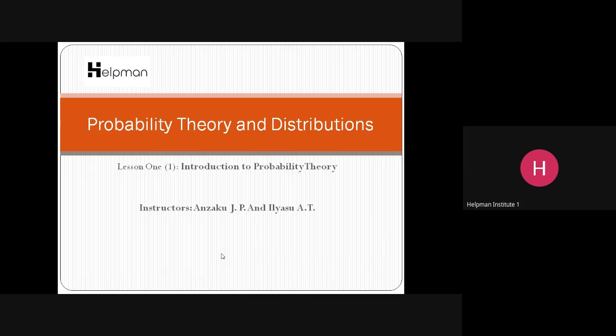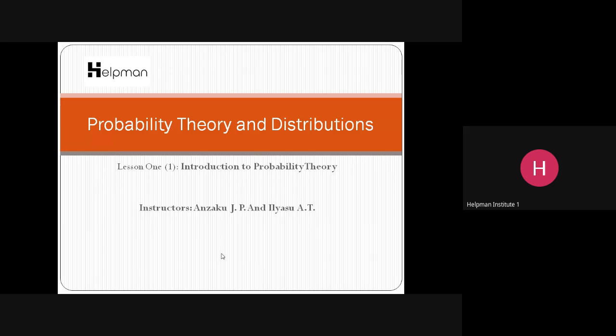We will also be looking at how we can generate their moments, their expectation, which is the mean. We will look at the first moment. We will look at the moment generating functions, and then we will look at some other things that relate to probability distribution and theory.